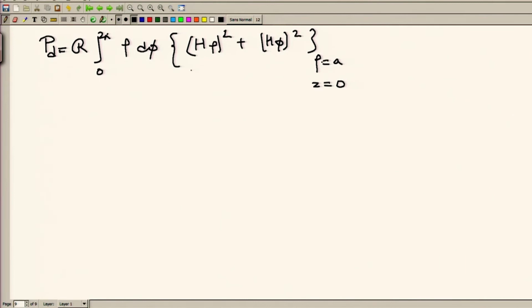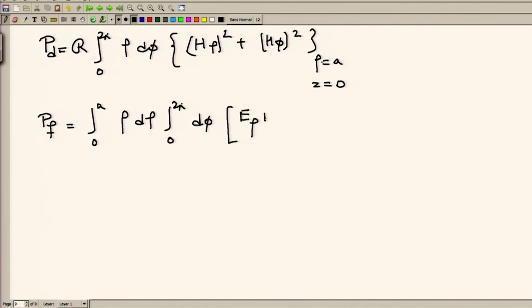So, we can simply substitute and calculate P d, whereas the power flow P f is given by the integration from 0 to a of rho d rho, that is E cross H star. So, the integration will be from 0 to a rho d rho, 0 to 2 pi d phi, and this will be E rho H phi conjugate minus E phi H rho conjugate.